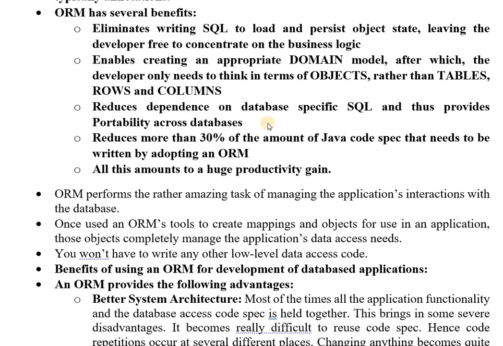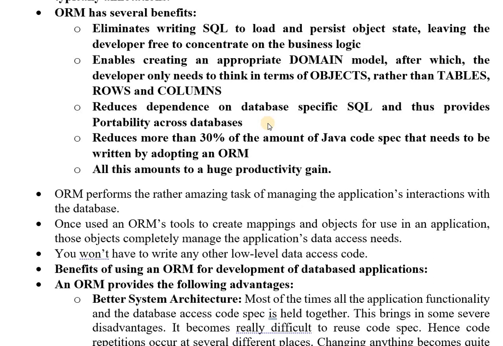Another thing that happens is it reduces the dependency on database specific SQL. So even if the database changes, the object relational mapper will still handle that change properly. The developer will not even know that the database has changed. So it provides you portability across the databases.